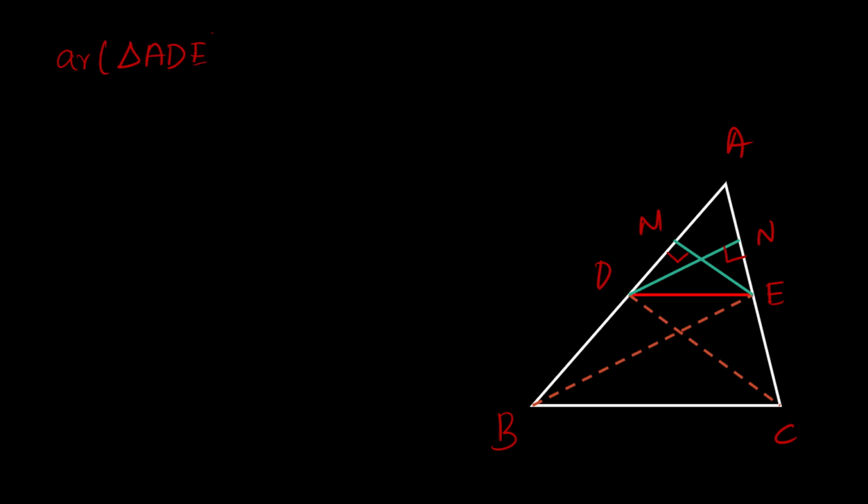This time I am going to consider this altitude DN. If I consider the altitude DN, the base will be AE. AE will be the base, DN will be the altitude. So I get the area of the triangle as half into base AE into height DN.